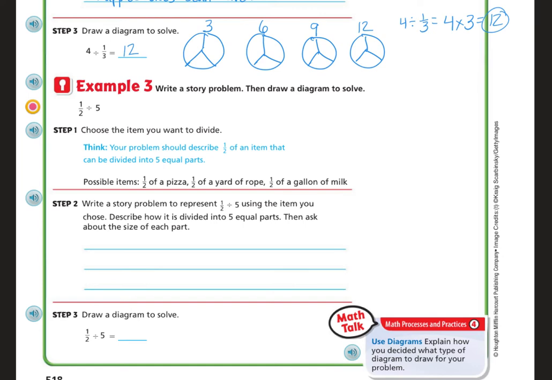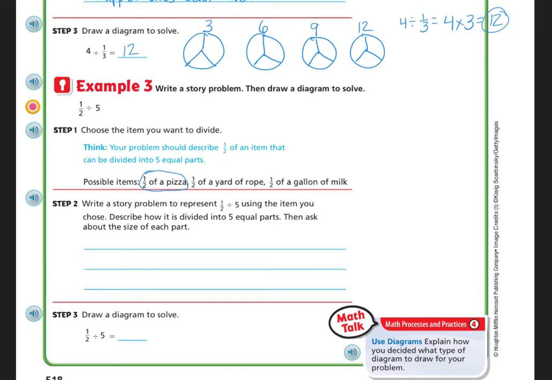Let's write a story problem to represent half divided by 5. I like the idea of using half of a pizza. So let's say that 5 friends are going to share half of a pizza. How much of a pizza are they going to eat? There we go.